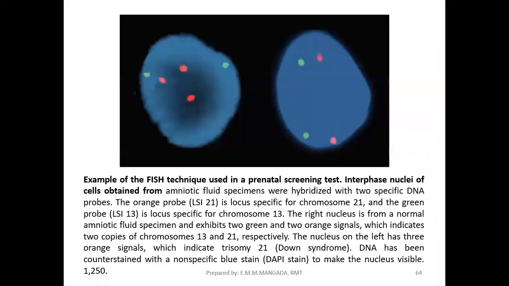Example of application we have here. Nakita nyo to? This is an example of your fluorescence in situ hybridization technique in prenatal screening. Itong mga green na bilog na ito, these are your fluorochromes.